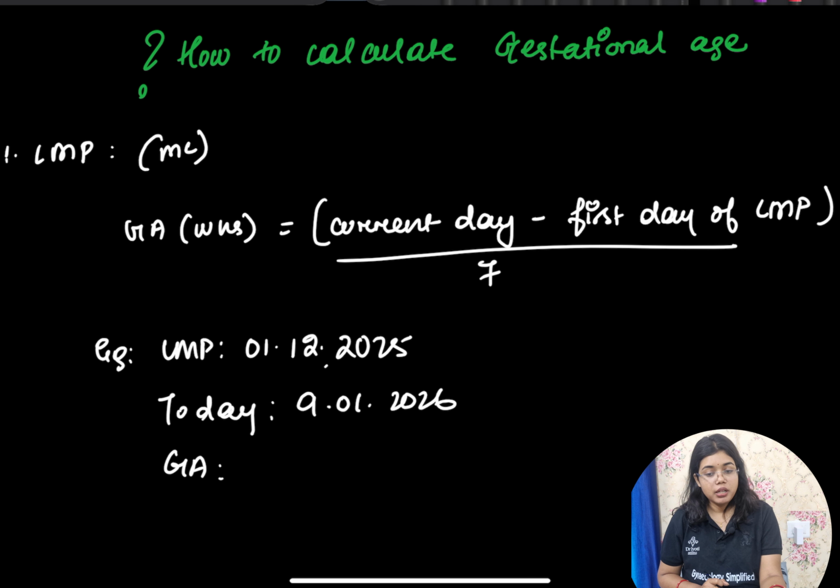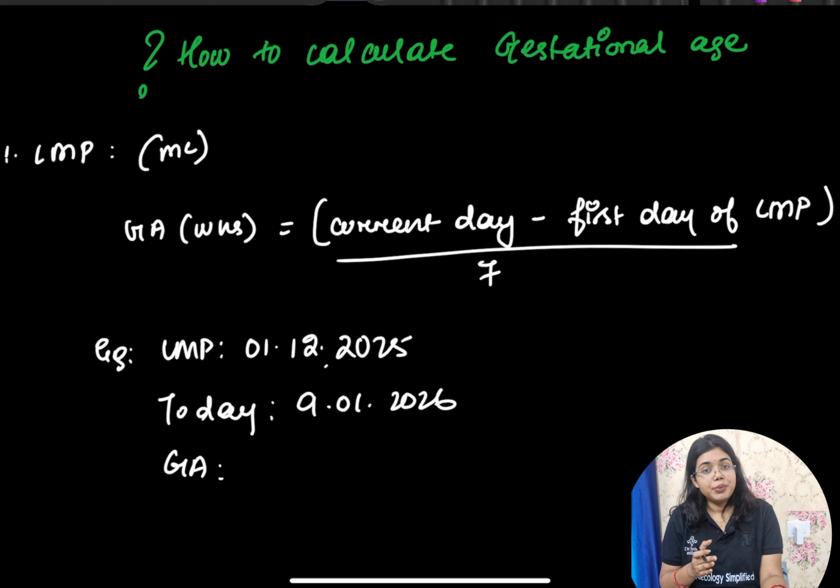We can determine when the patient should be induced for delivery, and we have to counsel the patient in that way so that she is able to know when she's going to have the baby, what is the time, what is the number of antenatal checkups, when she has to do what test, when the ultrasound has to be done. Everything depends on the gestational age. We have to know correctly the gestational age. So gestational age is very, very important.